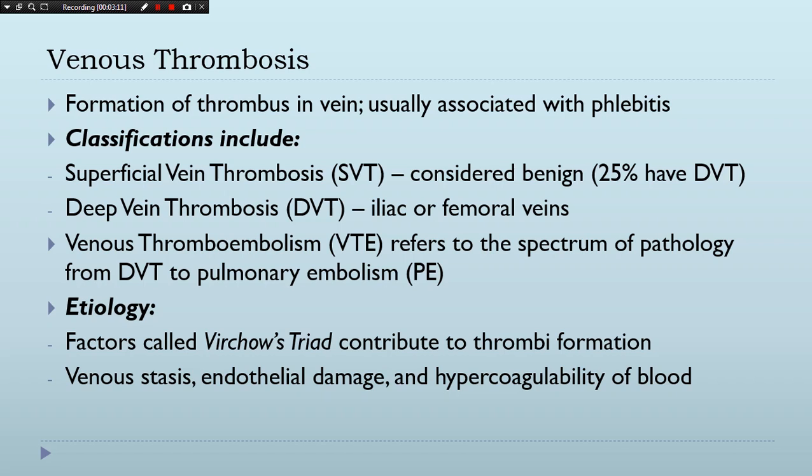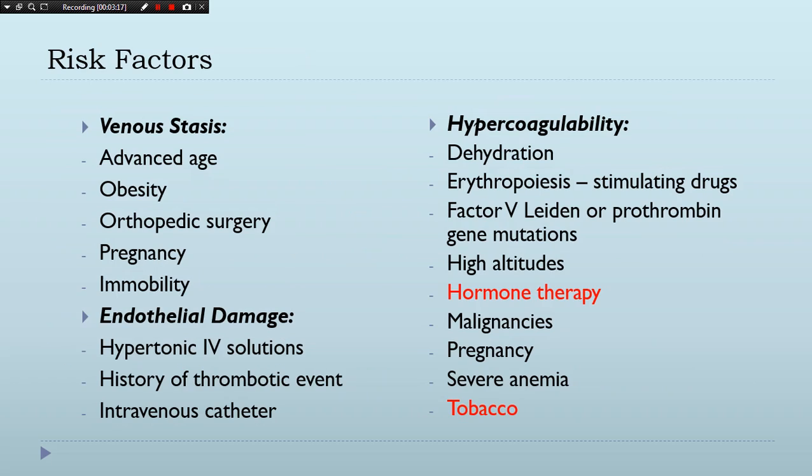The three factors are venous stasis, endothelial damage, and hypercoagulability of blood. Venous stasis is any condition that's going to lead to pooling or reduced circulation. This stasis of blood is going to increase a patient's risk or chances of clotting.